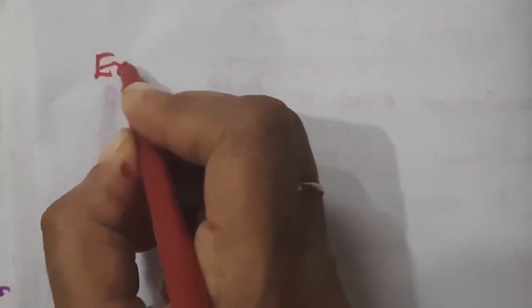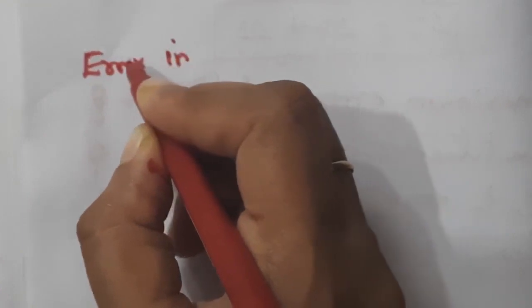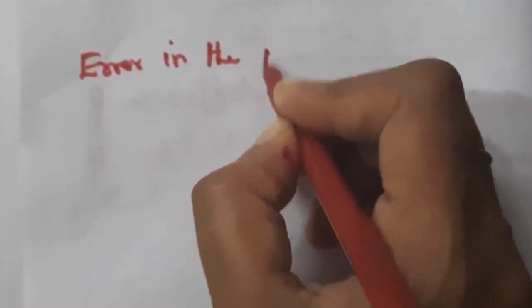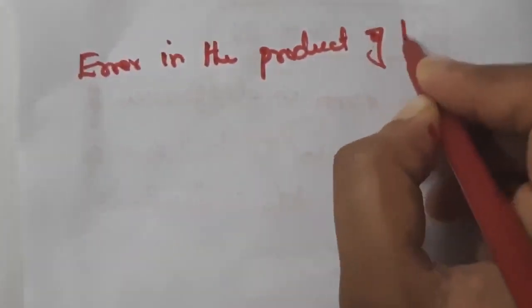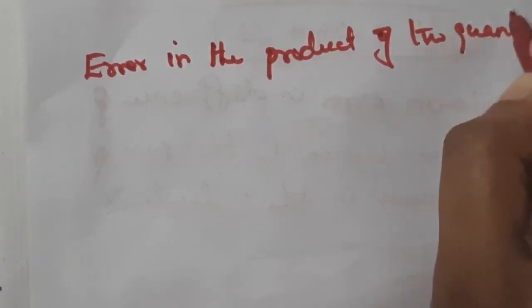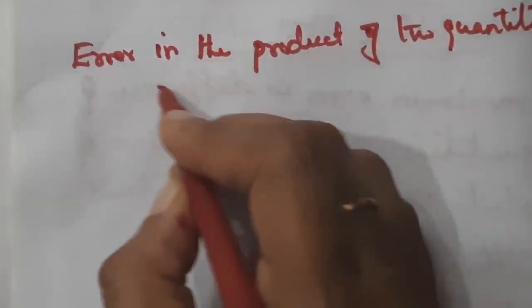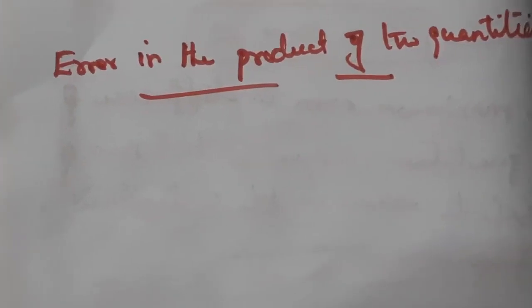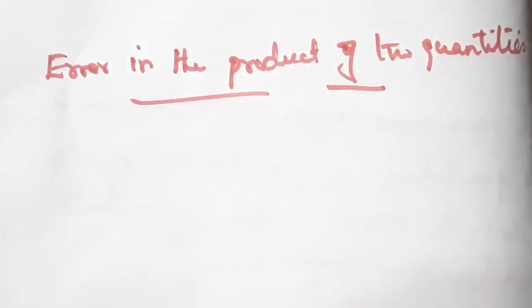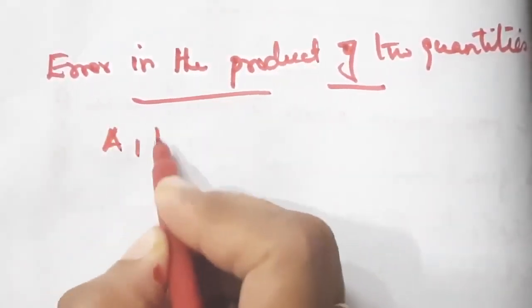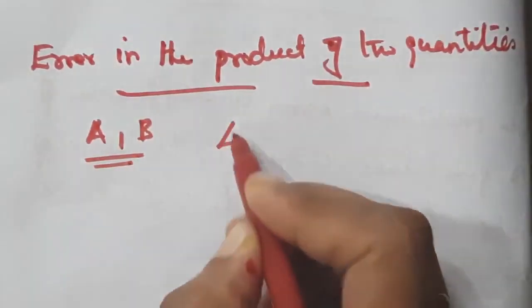The next one is error in the product of two quantities. So here also we will be taking A and B as the two quantities.